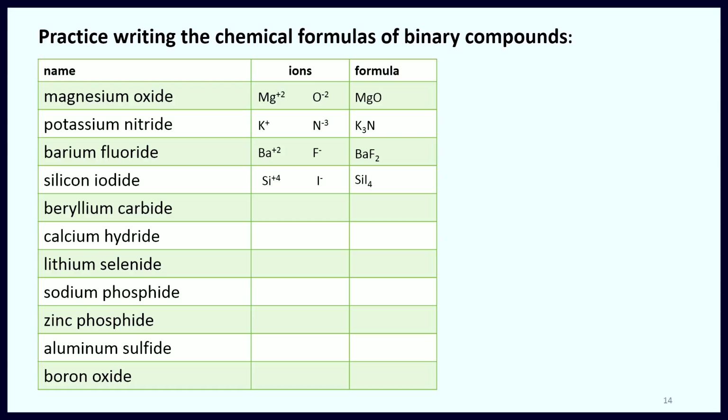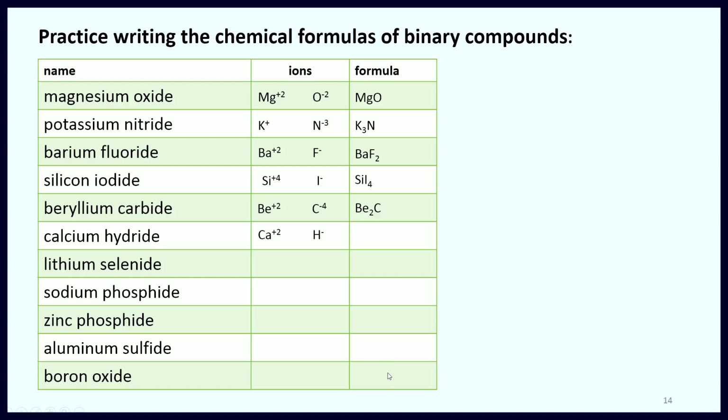Beryllium carbide, beryllium's in group 2A, therefore it's +2. And the anion of carbon in group 4A has to be -4, carbide, so Be2C. Notice again, you need to get the lowest ratio that satisfies the charge. That's 2 berylliums for each 1 carbide.